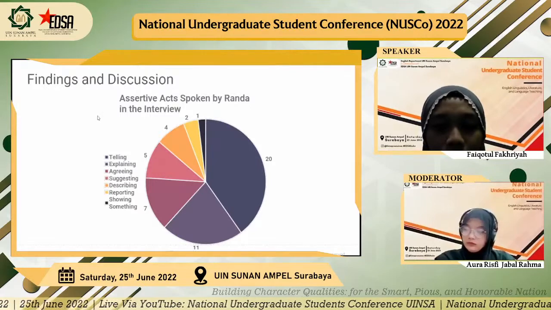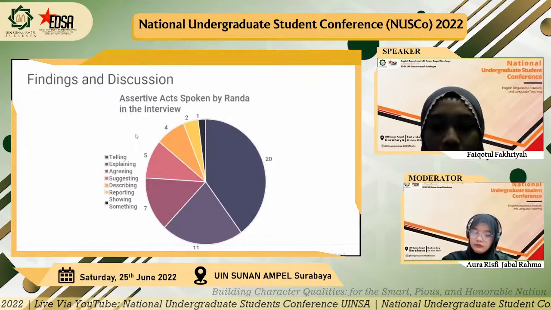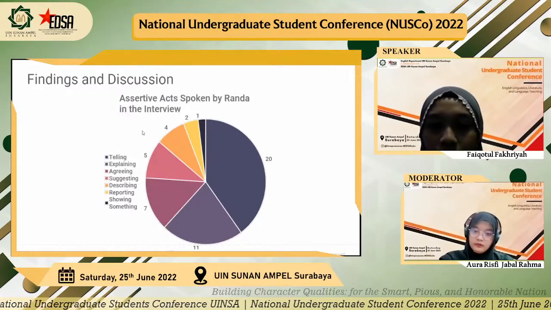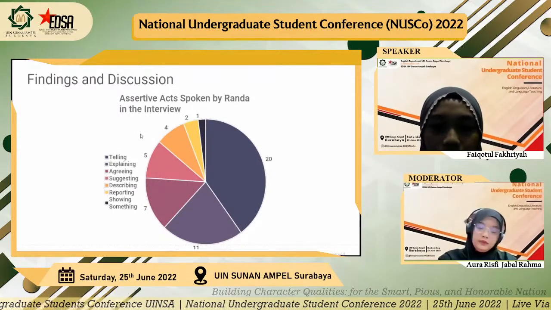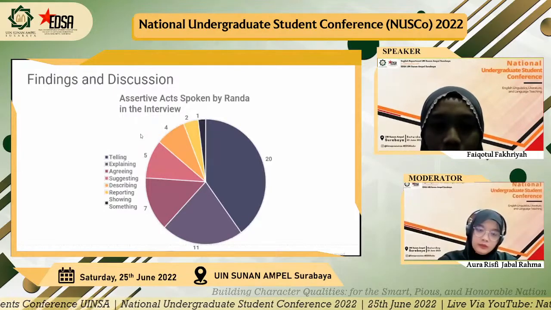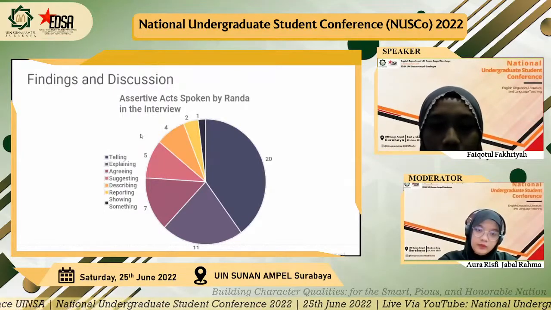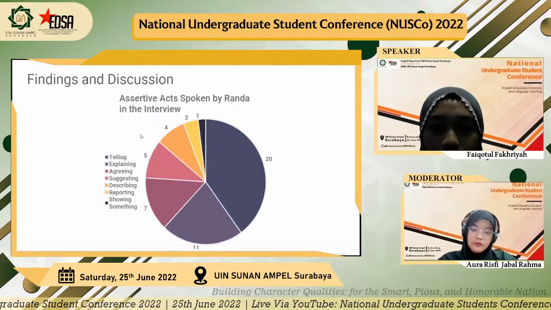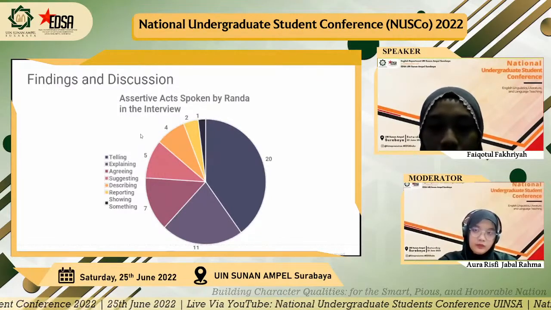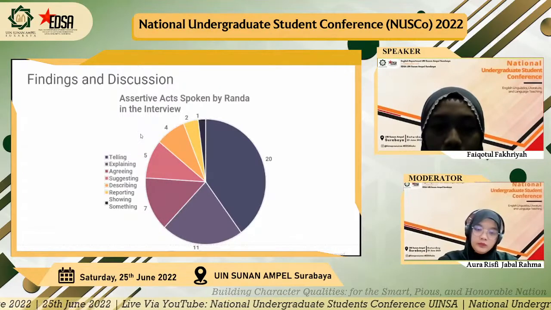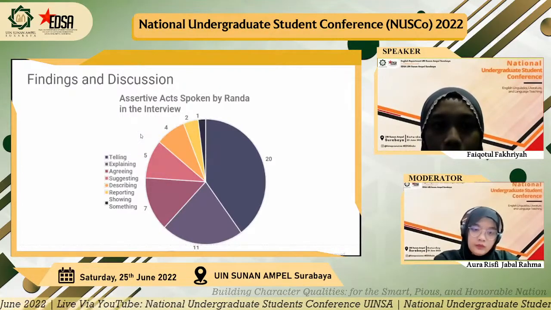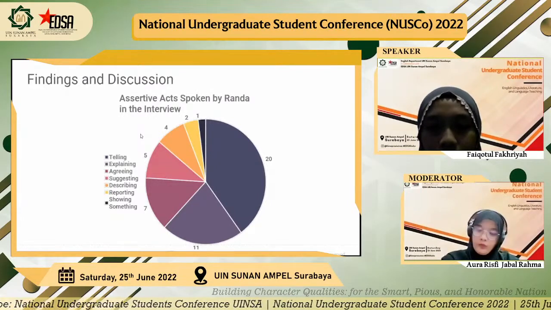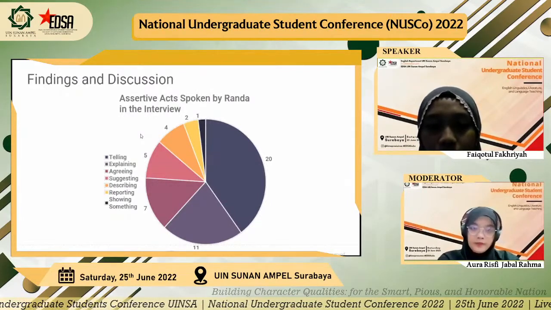So by performing the telling act, Randa mainly tells the audience about her experiences as an author and a Muslim facing racism that inspired the story of her book. And generally, by performing the reporting act, Randa reports the actual event related to the writing process of one of her books, Does My Head Look Big in This, that covers the issue of racism.